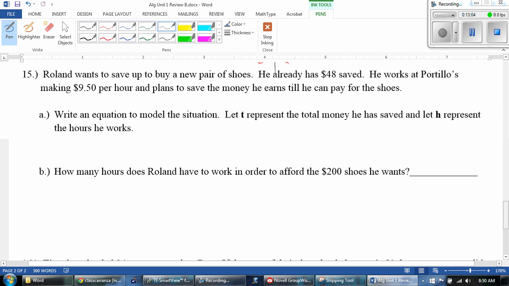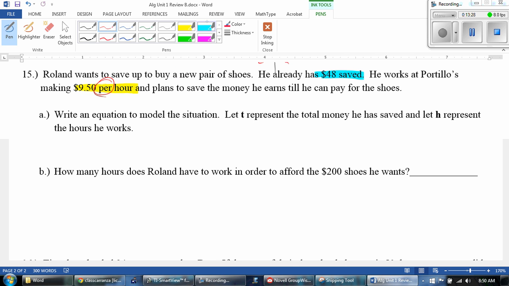All right. Let's read about Roland. Roland wants to buy a new pair of shoes. He already has $48 saved. He works at Portillo's making $9.50 per hour. Okay, so remember per, that's one of our keywords. And plans to save the money until he can pay for the shoes.